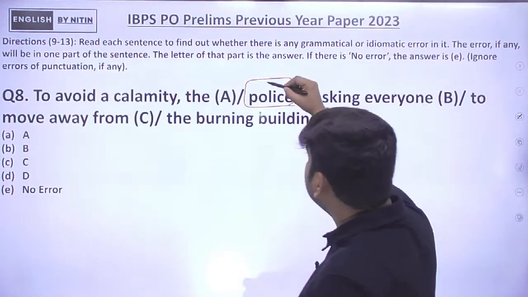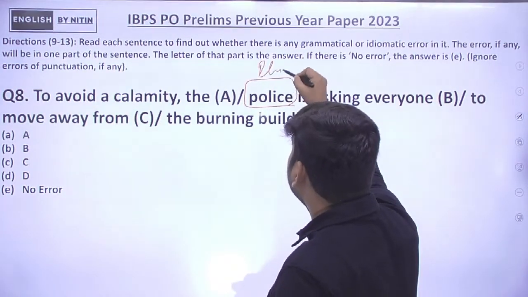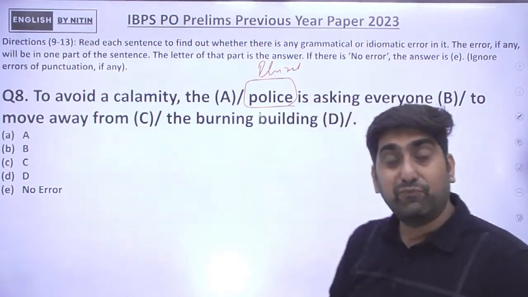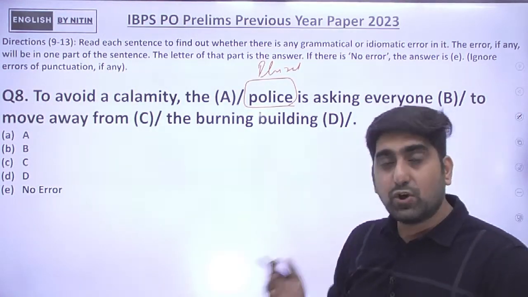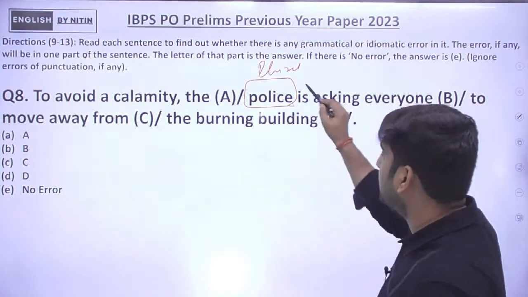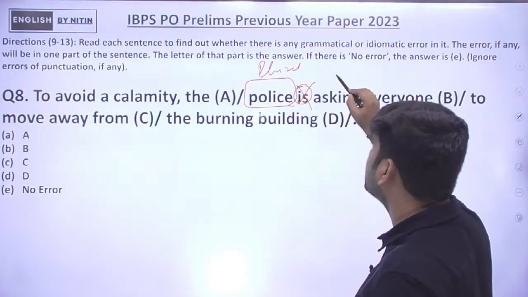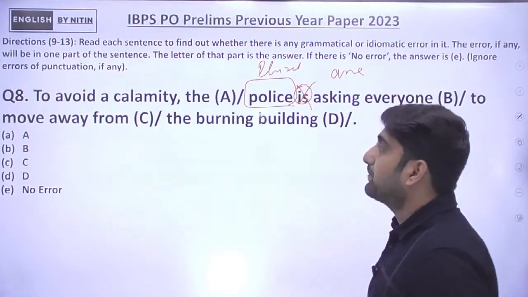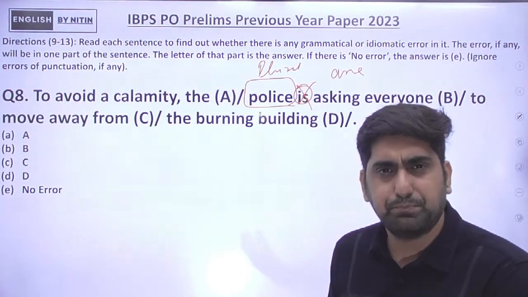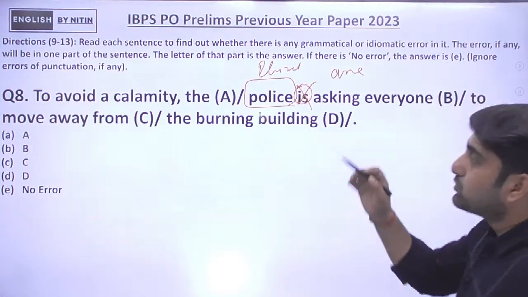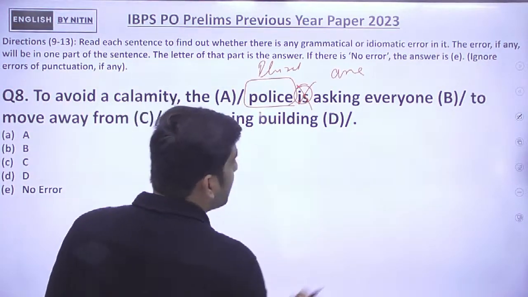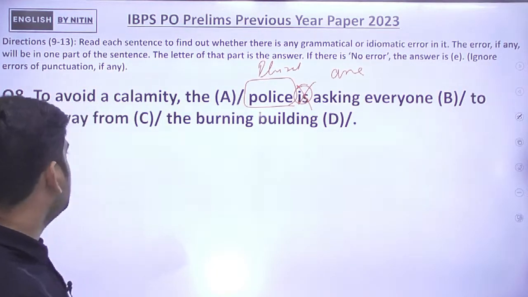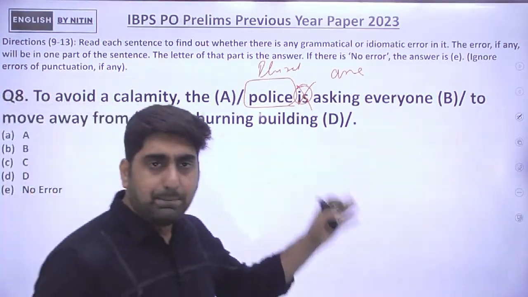I mean, police is a plural noun which does not agree with a singular verb, it actually agrees with a plural verb. So the use of is is wrong. It should be are: the police are. Police is a plural noun. So, to avoid a calamity, the police are asking everyone to move away from the burning building.